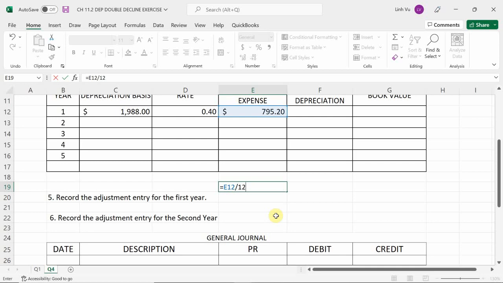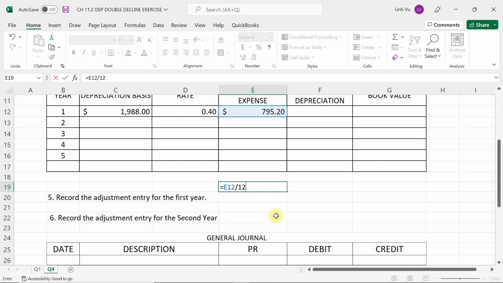Is it the 0.3333? No. For the whole year, it costs me a total of $795.20. How do I determine how much it's going to cost me per month?